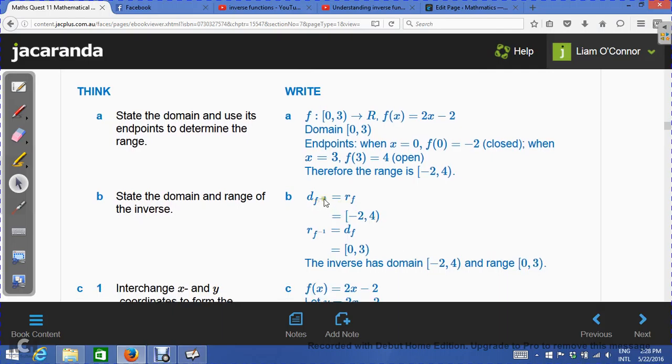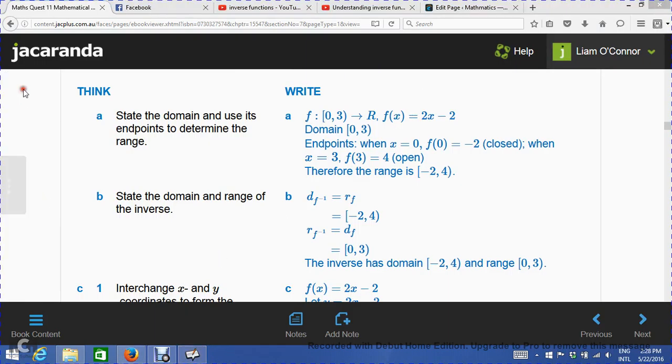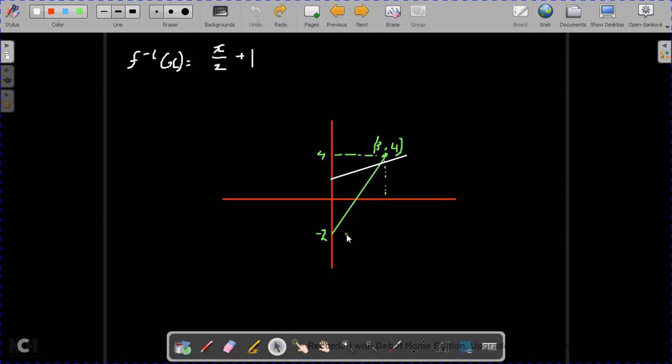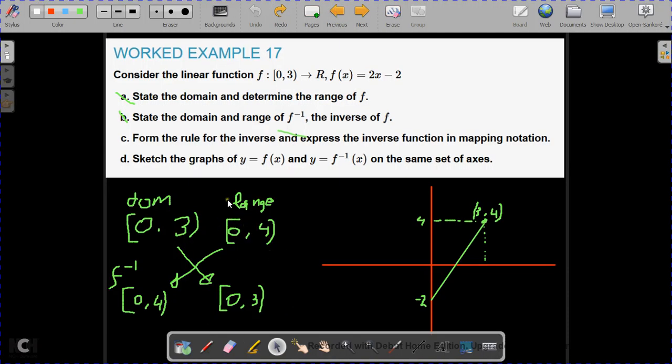Our domain of our inverse is the range for the function. Now the range for the function goes from minus 2 to 4. So I've actually made a mistake here, because we actually go from minus 2 to 4. So let's just fix this up.